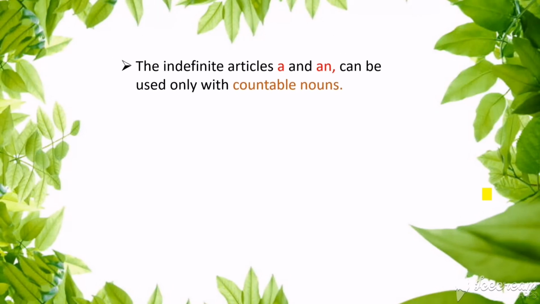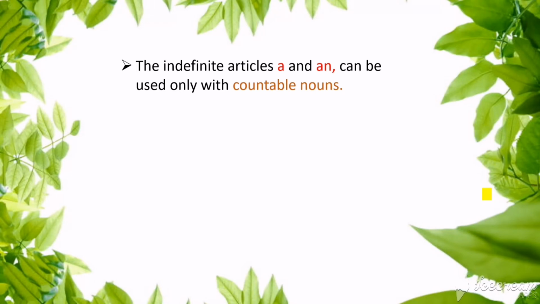Now, you can also use definite and indefinite articles in order to represent countable and uncountable nouns. Children, you will learn about articles in detail in further lessons of your grammar. Today I am going to just tell you what definite articles and indefinite articles are and how they are used along with countable and uncountable nouns.